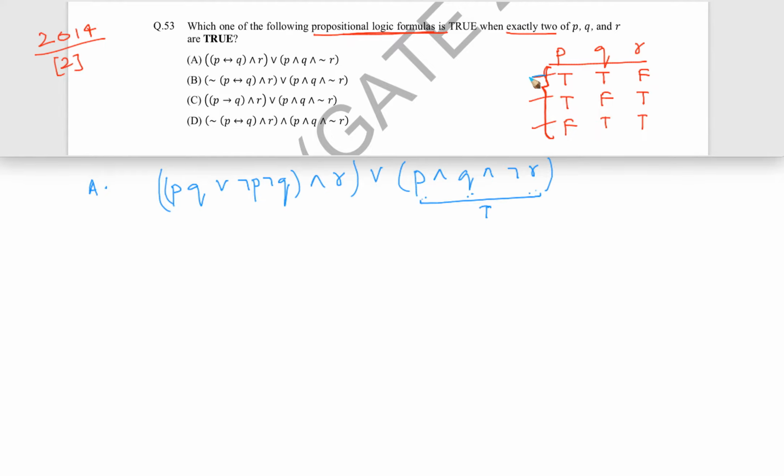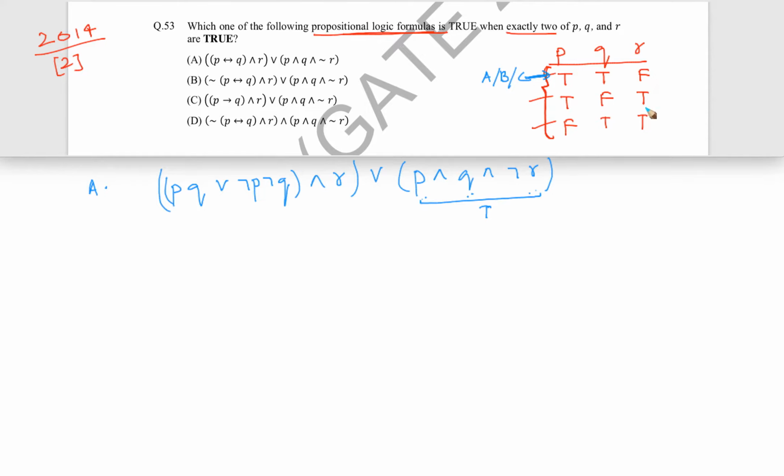So essentially for the first case, A, B and C all are correct. D may not be correct because we have not checked it. But see, there is an OR sign and the right hand side is becoming true for the first case in all of A, B, C. So the first case for A, B and C is definitely true.